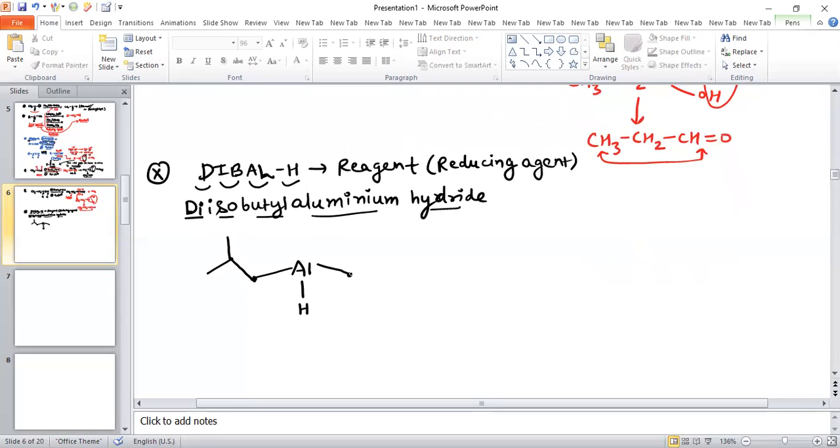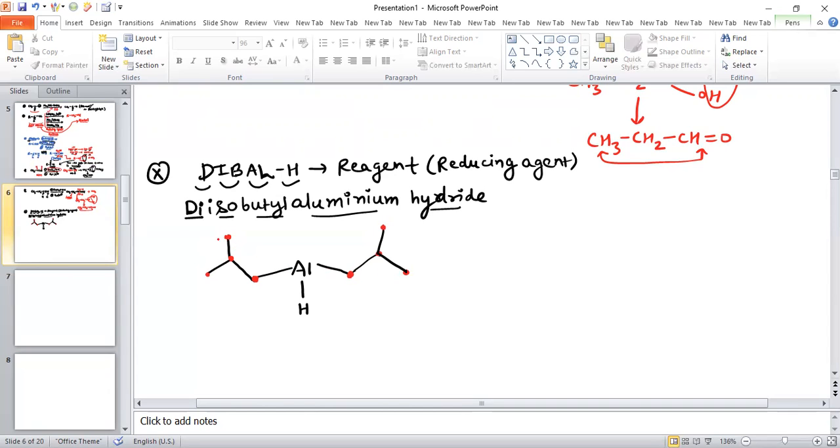Wait a minute, I will show you. See how you can see this isobutyl group. This is one carbon, second carbon, third carbon, fourth carbon. Again there, this is one carbon, two carbon, three carbon, fourth carbon.